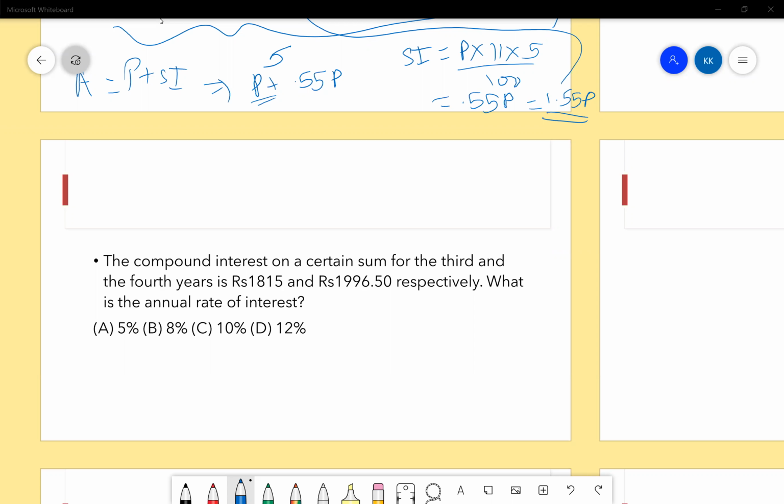Yes, Aswik, right answer. A hint, guys. Remember the concept I had given you when I mentioned how compound interest is calculated.